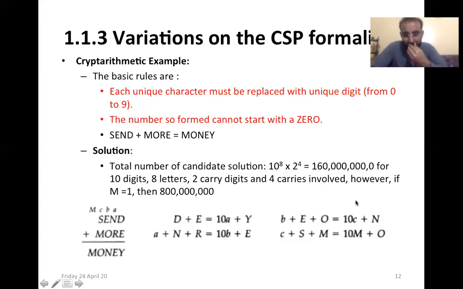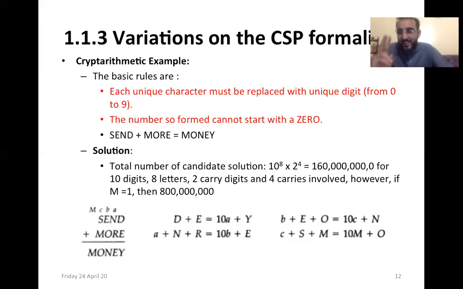However, if we focus on the restriction that the number so formed cannot start with 0, it means that the starting digit, this M, should not be 0. This is a carry, and the problem itself says that it cannot be 0. So what would the value be? Only one value remains, that is 1.